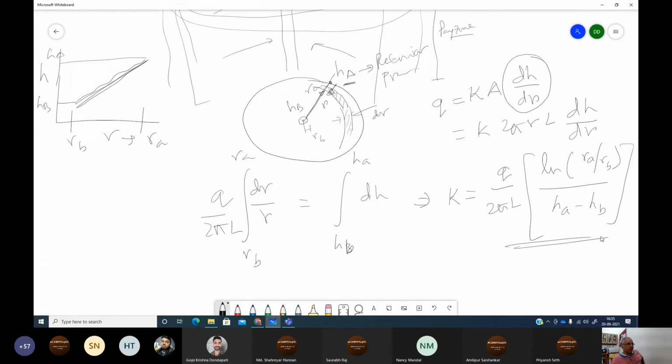Now you can see this is not an easy experiment to do in the lab. First of all, to make a sample like this and then make a fluid flow like that in all directions is not an easy task. So that's why we avoid doing this kind of experiment in the lab.